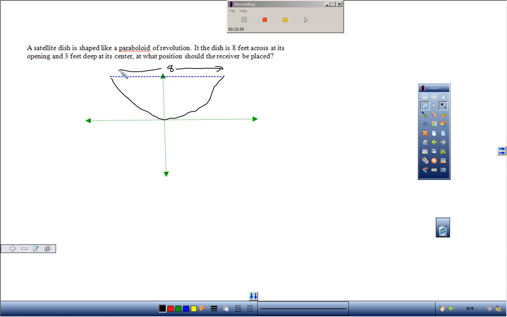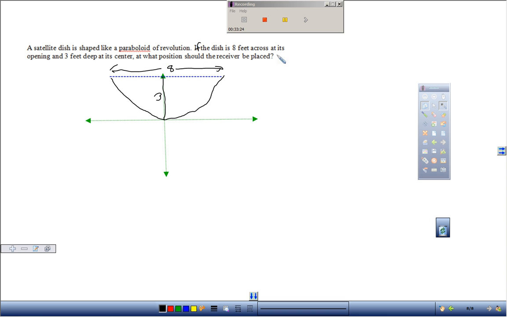If the dish is 8 feet across at its opening and 3 feet deep at its center, meaning this is 3 feet, at what position should the receiver be placed?